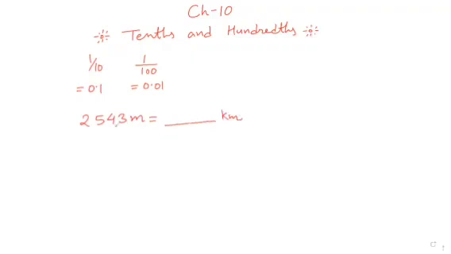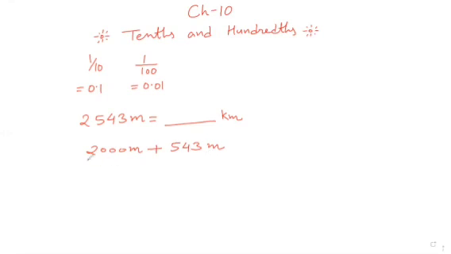The simple way is that I should use the sum of the part of the meter in fractional form and the sum of that as complete kilometers. For example, if I want to represent 2543 meters, I can bifurcate it into two parts, like 2000 meters plus 543 meters.